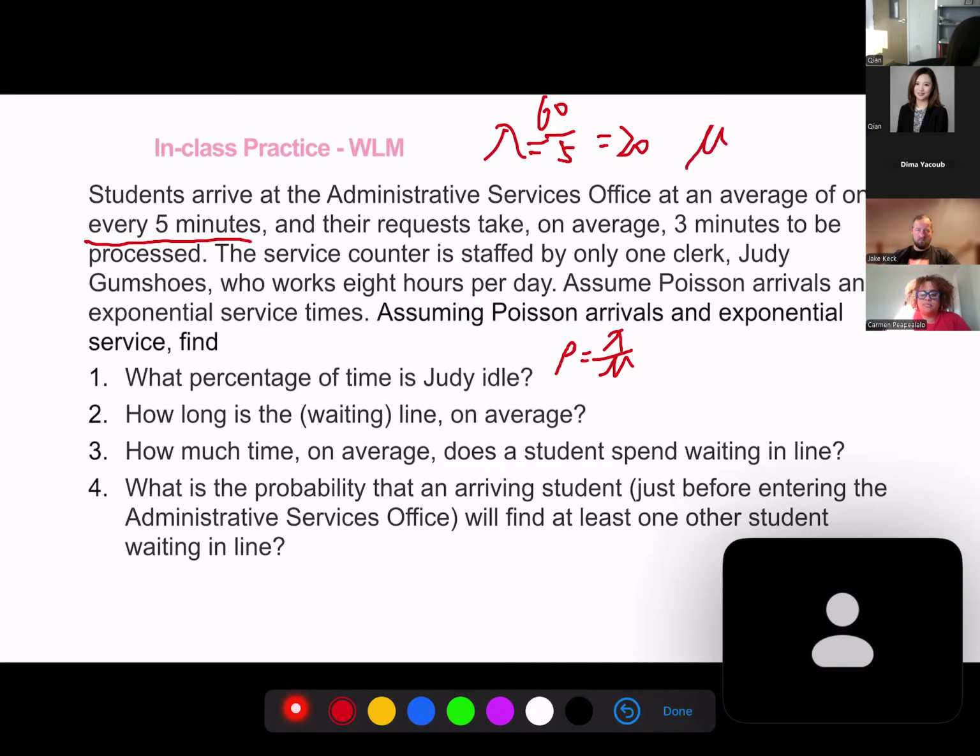While mu equals, we know on average 3 minutes are needed to fill the request for a student.